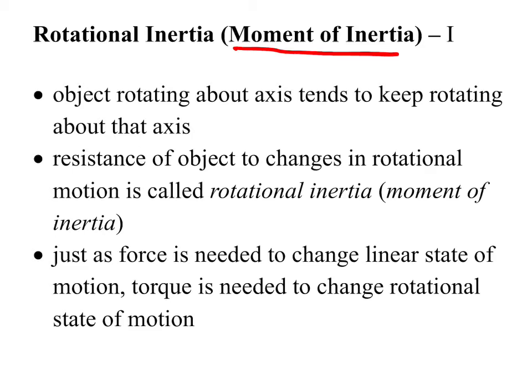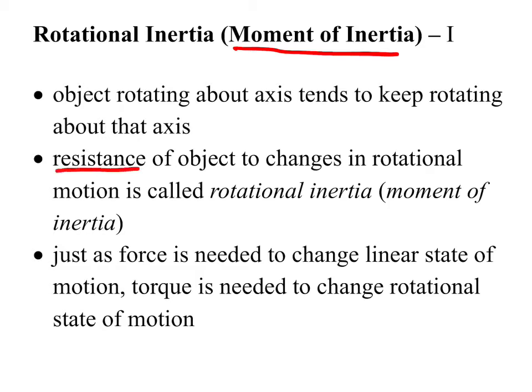So another way we want to think about this is that if this object is going to resist a change in rotational motion, that's its rotational inertia. That's kind of what we want to think of as rotational inertia, is how much the object is going to resist a change in rotation. So that could be starting or stopping rotation.